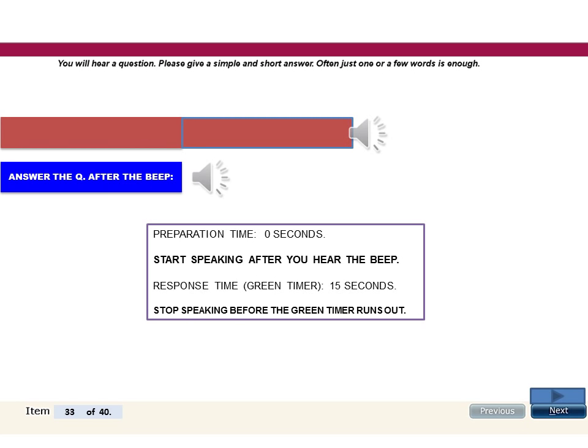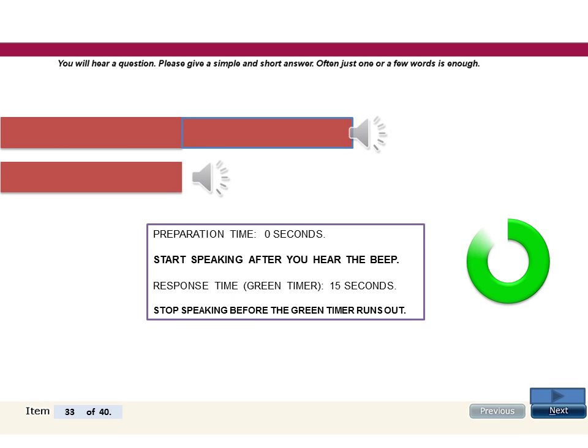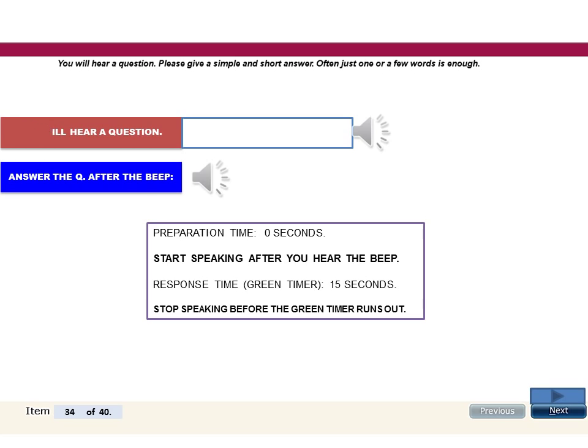In which season are you most likely to wear a woolen overcoat? Refrigerators are used to store what type of items?